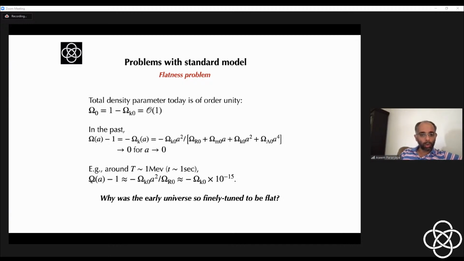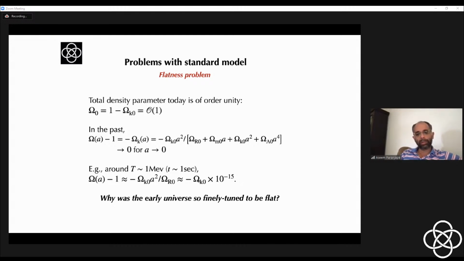So omega minus 1 is basically different from 0 only in the best case scenario. It is different from 0 in the 15th decimal place, even if omega k0 is a number of order unity. And we know that actually omega k0 itself is tiny. The current constraints are like 10 to the minus 3, right? 0 plus minus 10 to the minus 3.